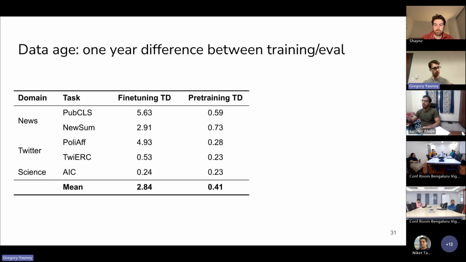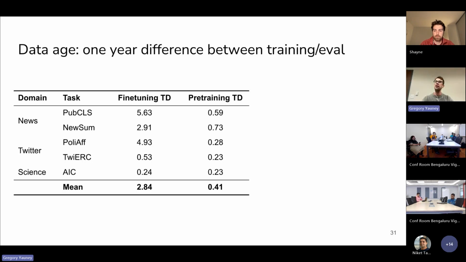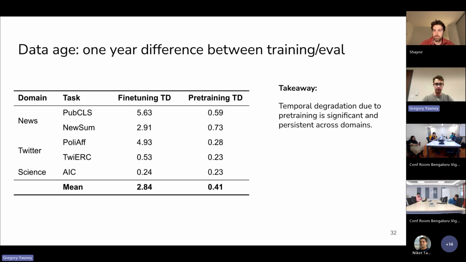So it's much smaller for the pre-training data year to year, but pre-trained models are often released once and then continued to be used year after year after year. So this can quickly add up once you take that into account.